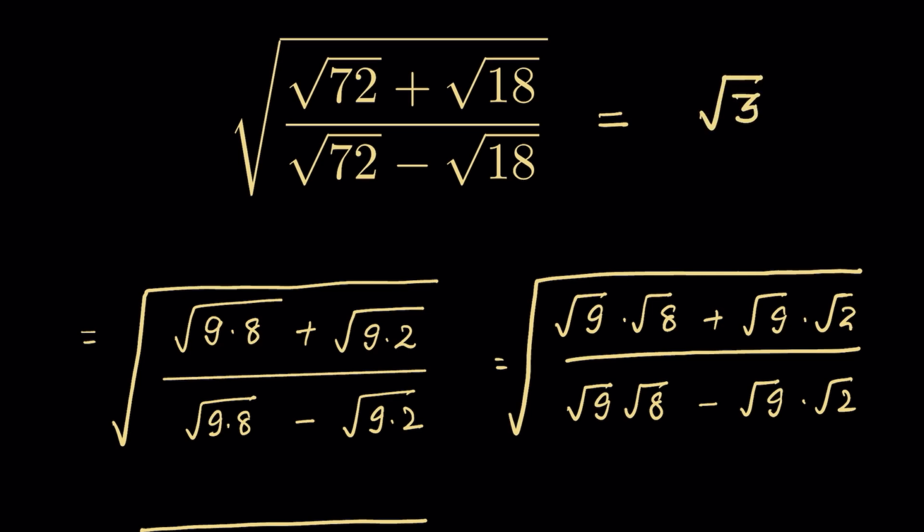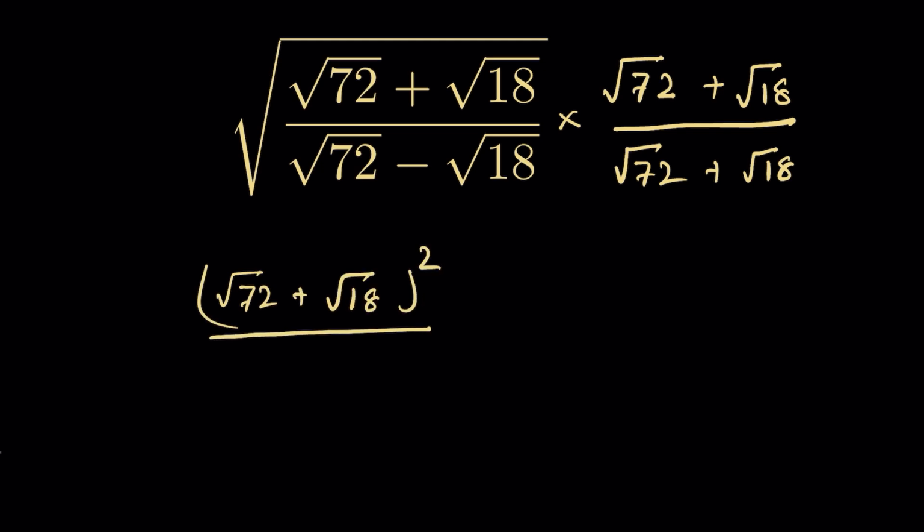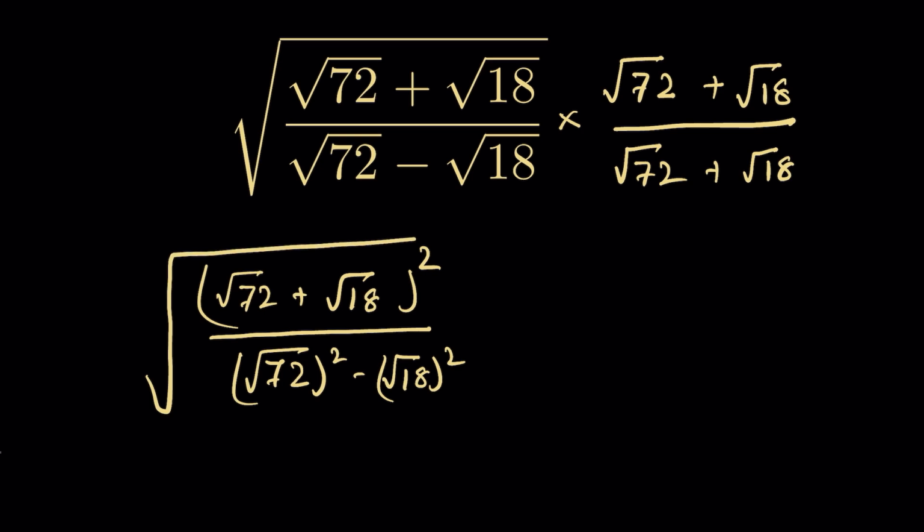Another method is we just use the rationalization here only and multiply and divide by square root of 72 plus square root of 18. So this will be square root of 72 plus square root of 18 whole square upon square root of 72 square minus square root of 18 square, under square root.